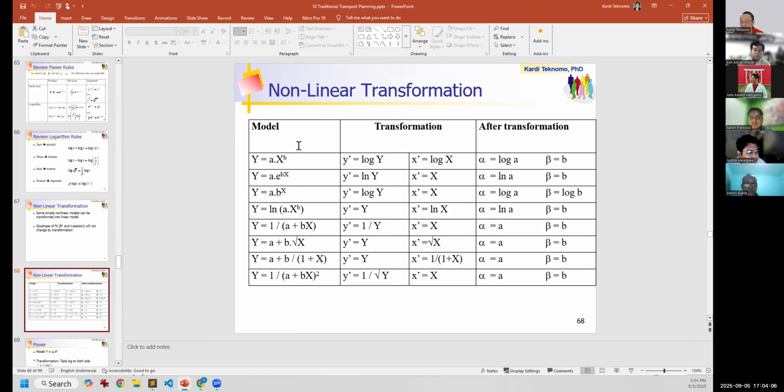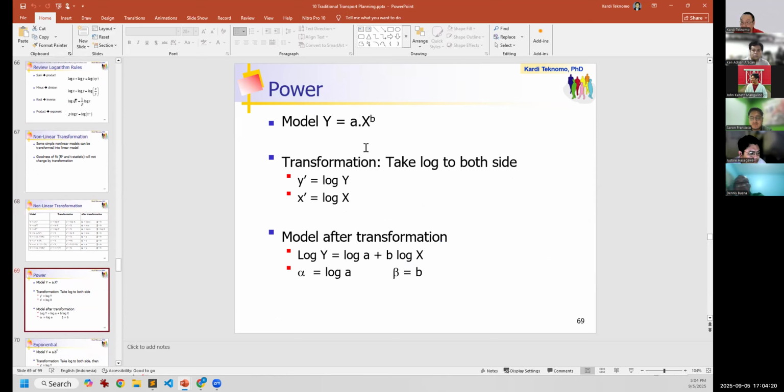But we can also transform many other models which are not in Excel automation. Let's start with the first one, the power model: Y is equal to A times X exponent P. If you have this kind of model, how are you going to transform this into a linear model?